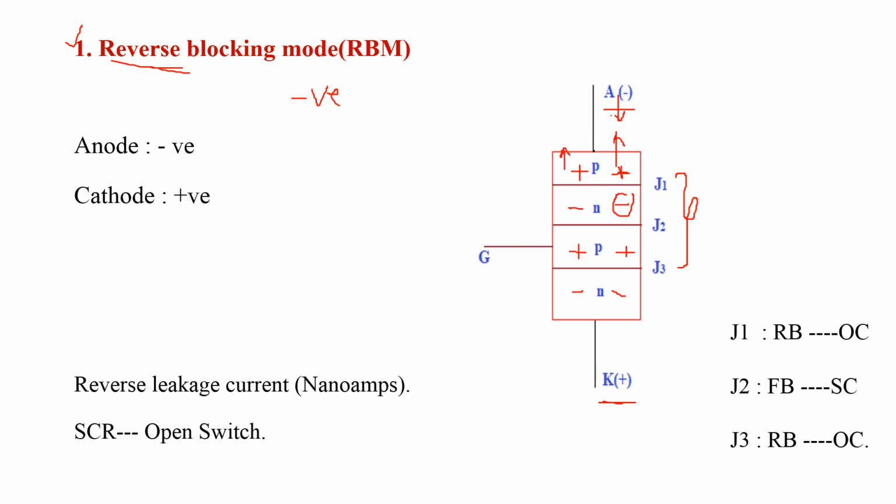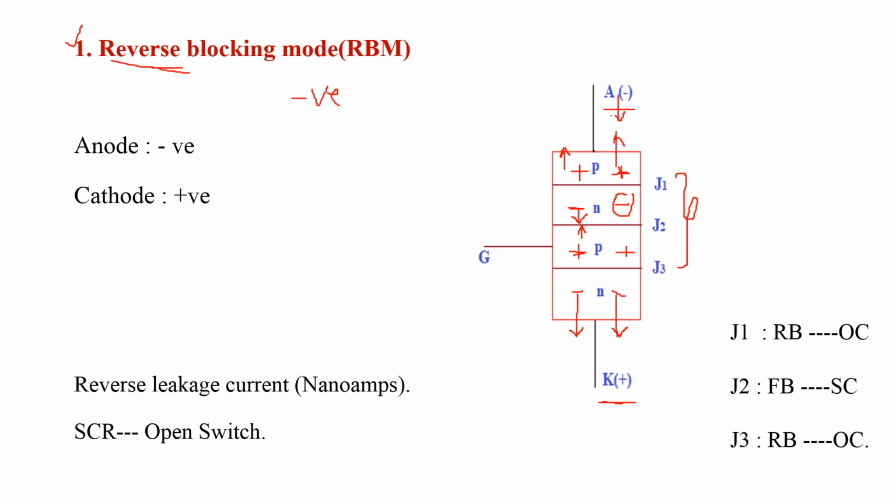Similarly, there is an attractive force between these electrons and holes. Similarly, the N layer has negative carriers and the cathode is positive, so there is an attractive force between these 2 charge carriers, meaning electrons present in the N layer move downwards.